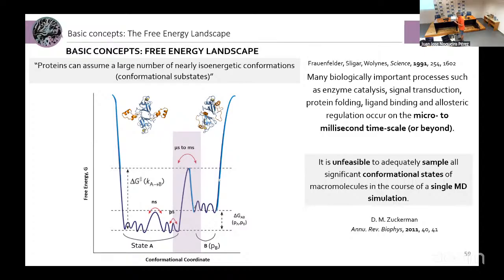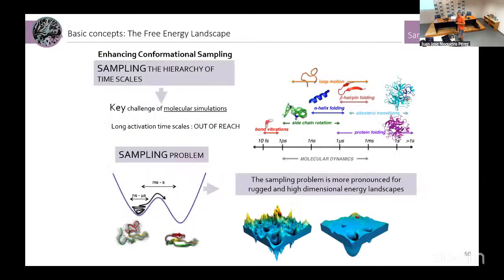So there are ways to simplify this, as Ferrán introduced, and we have to consider something here, following what we have just seen: the sampling problem is more pronounced for rugged and high-dimensional energy landscapes.